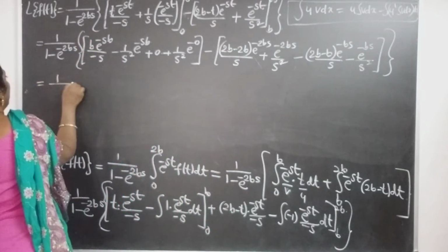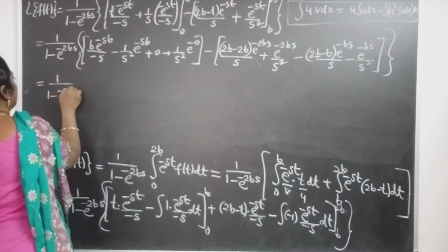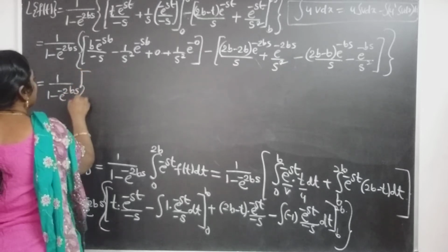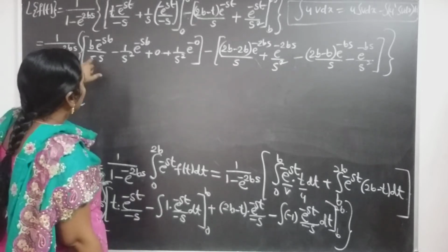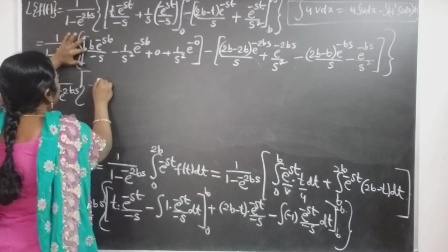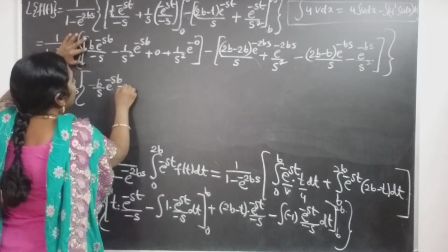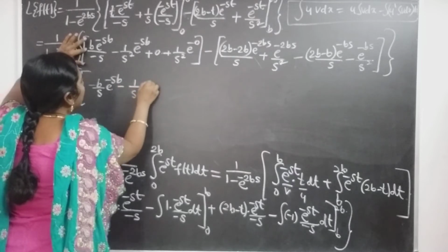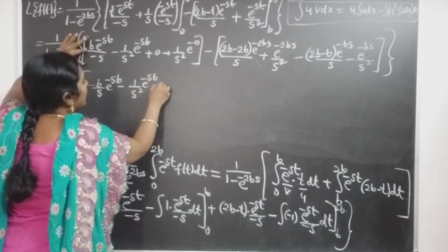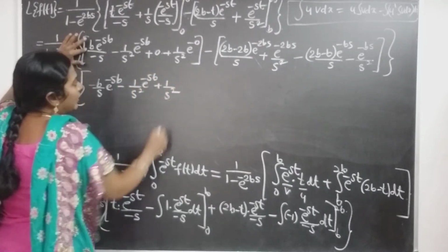That is equal to 1 by 1 minus e power minus 2bs. Here minus b by s e power minus sb minus 1 by s square e power minus sb plus 1 by s square.